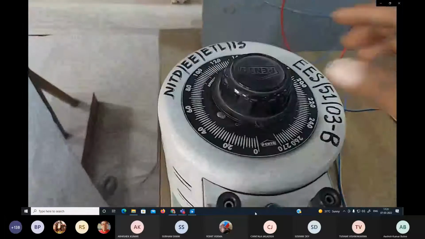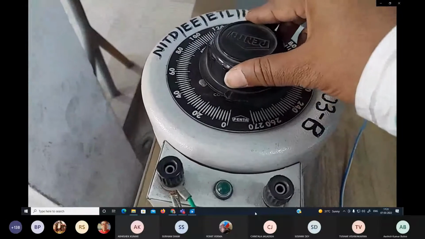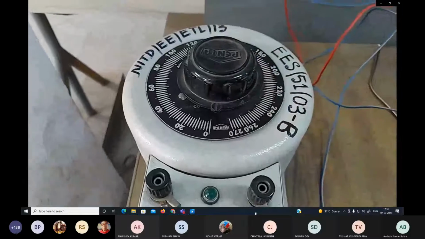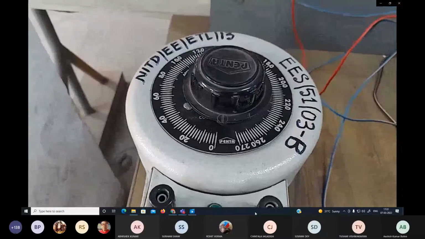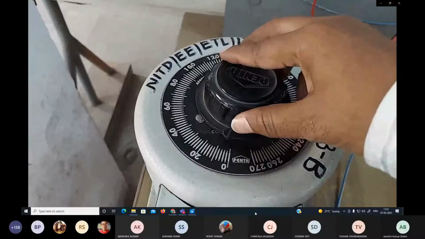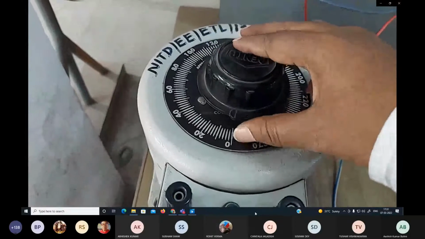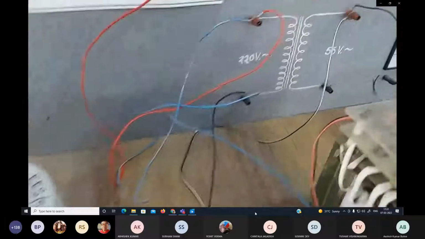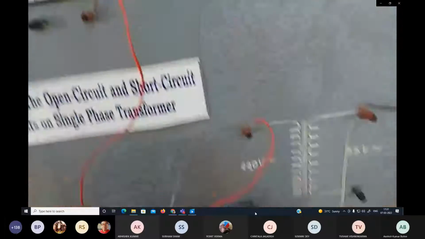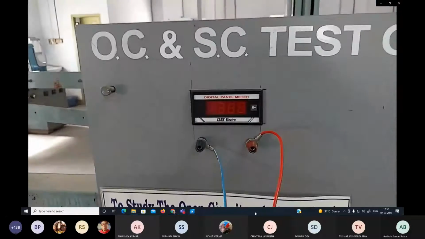After that, the thermostat will be there, and it is rated with a scale. But due to several usages or some manufacturing mismatch between the rotating knob and the scale, we cannot say that exactly whatever is shown on the scale will go to the input side. That's why we will be using a voltmeter.